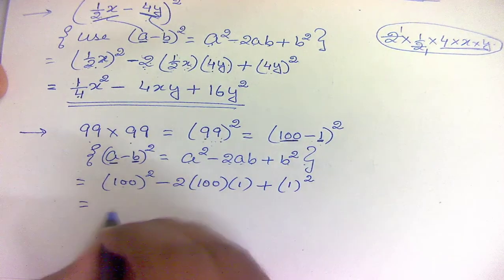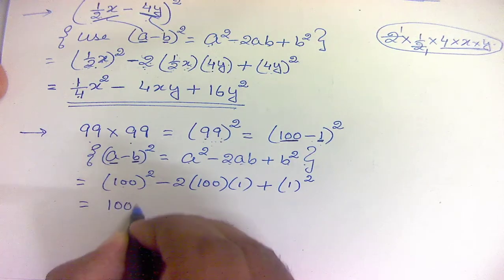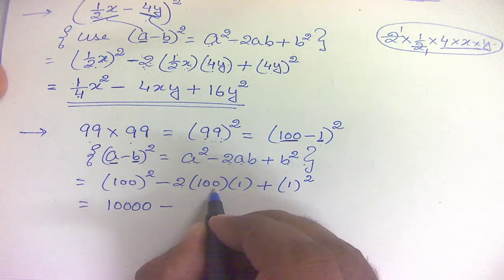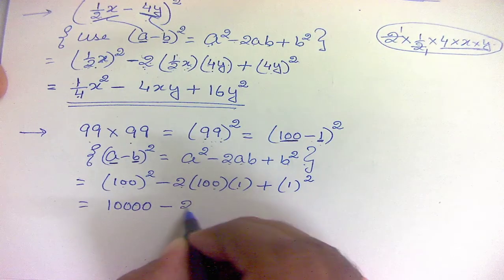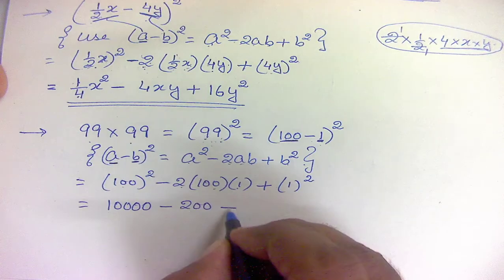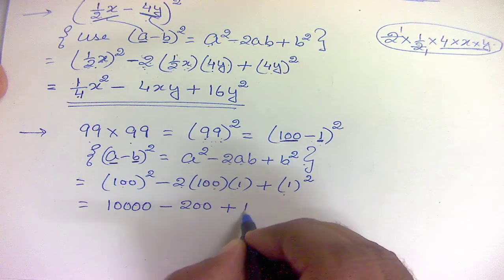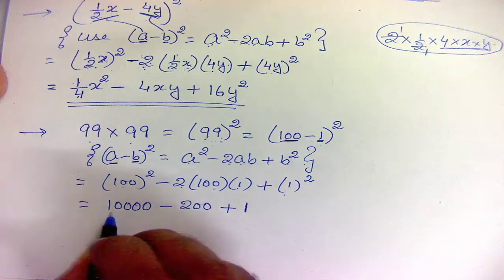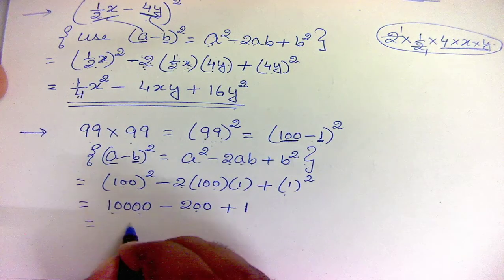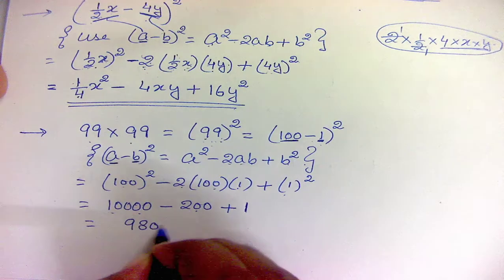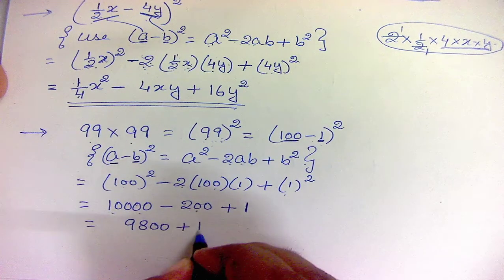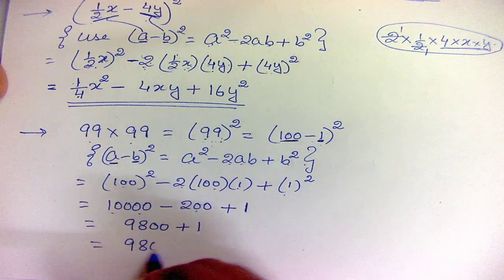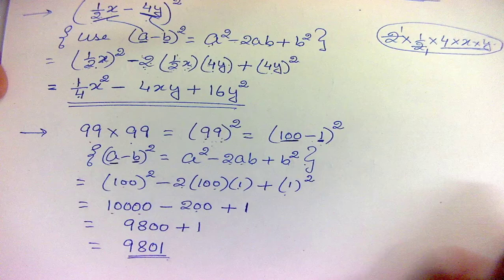So the square of 100 is 100 multiply 100, it will give you 10,000, minus 2 multiply 100 multiply 1, this is 200, and plus the square of 1 is 1. So you have to solve this now. Now 10,000 minus 200 gives you 9,800, and plus 1. So 9,800 plus 1 gives you 9,801.